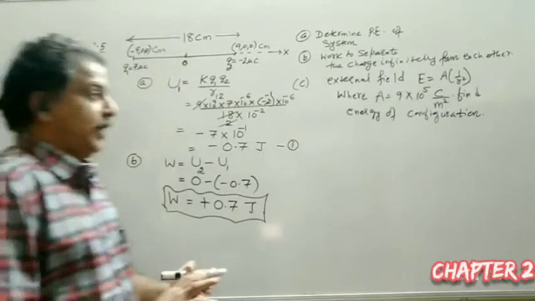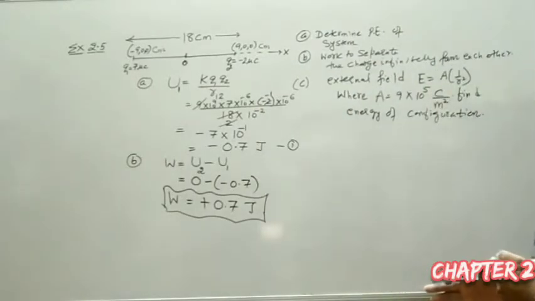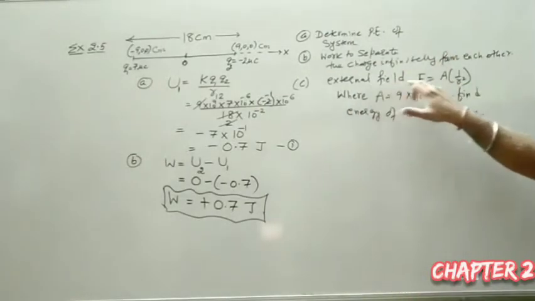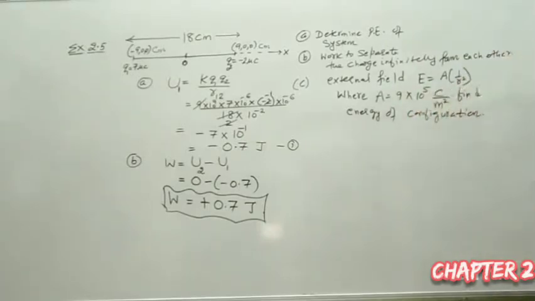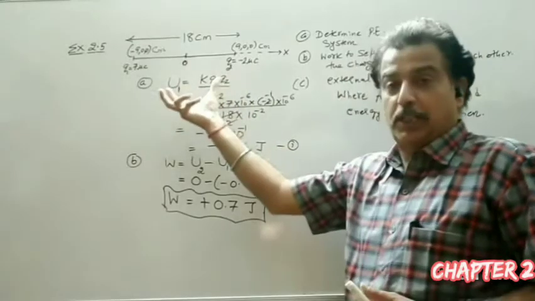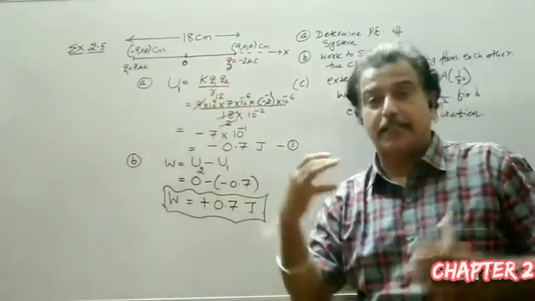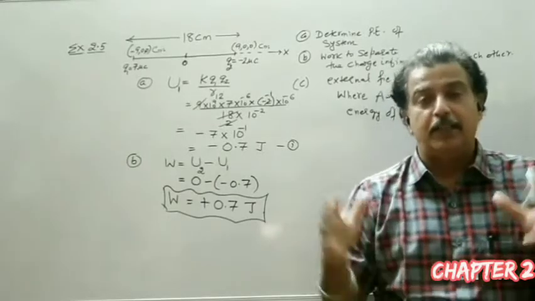Now the third part. That third part is very important. Now there is an external field, E is equal to A upon R square, where capital A is some given constant. Find the energy of the configuration. In the initial situation, both charges are kept in the electric field of the system.